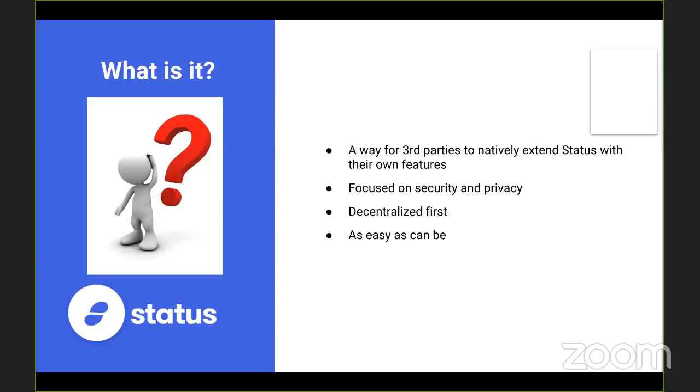One of the main concepts we have here too is that we want to have extensions decentralized first, right? Because the concept of dApp in general is really about being decentralized, but then the reality is that most dApps are not really decentralized and they usually rely on old web features.